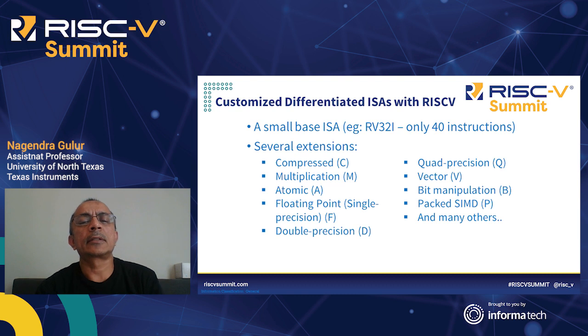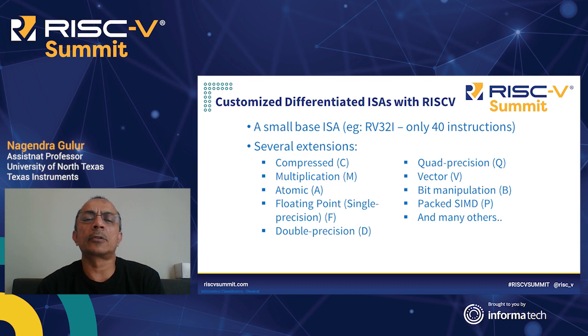It's in this context that RISC-V provides us with tremendous opportunities. The base ISA, for example the RV32I, the integer 32-bit baseline, comprises only 40 instructions, while the standard itself has explored several extensions, many of which have already been ratified and standardized, including compressed, multiplication, atomic, and various kinds of floating point.